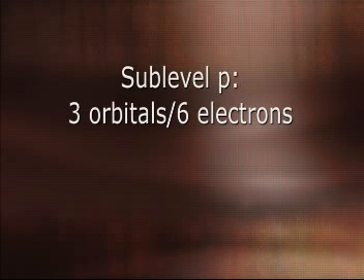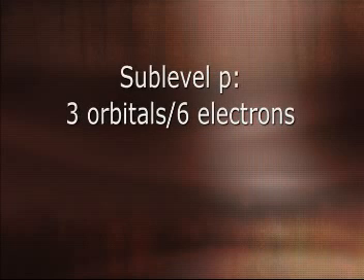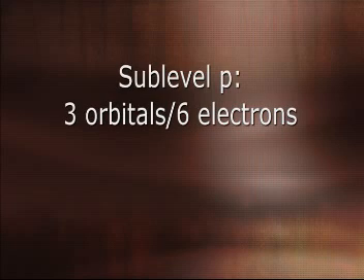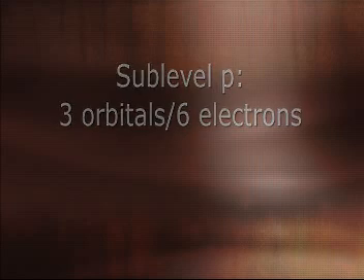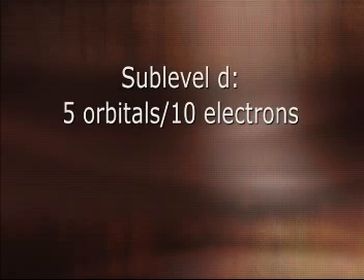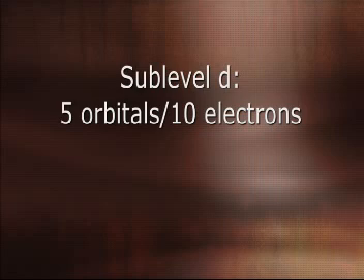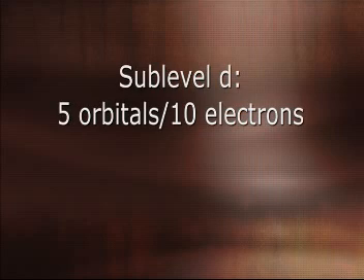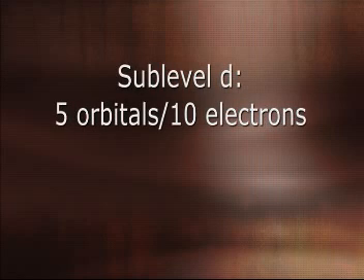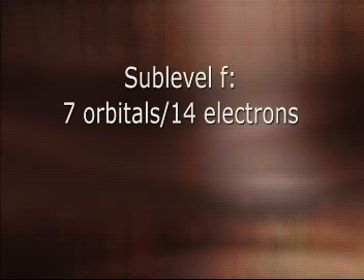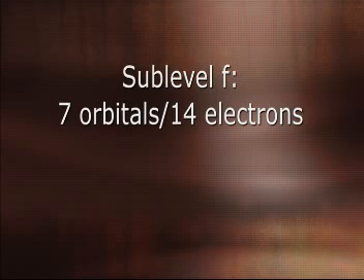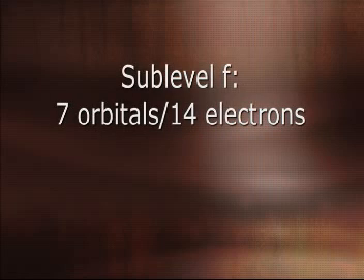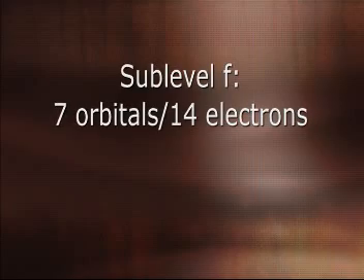Sublevel P has 3 orbitals and therefore holds a maximum of 6 electrons. Sublevel D has 5 orbitals, and so it holds a maximum of 10 electrons. Lastly, sublevel F has 7 orbitals and holds a maximum of 14 electrons.